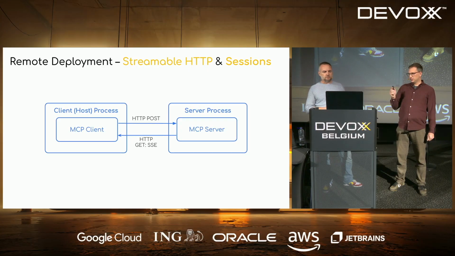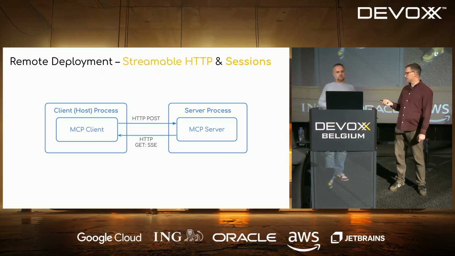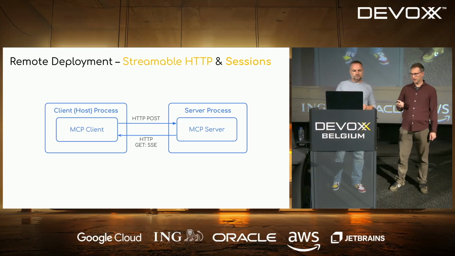And the HTTP post can also be used to send requests to the server, and notifications and responses. But this HTTP post can also be a streaming channel. So for a particular request, the server might be able to stream some information back to the client. So progress updates and logging that are related to this request can also happen.